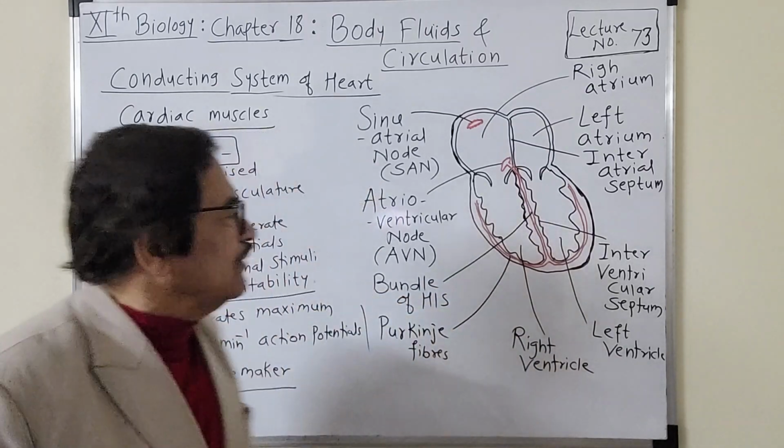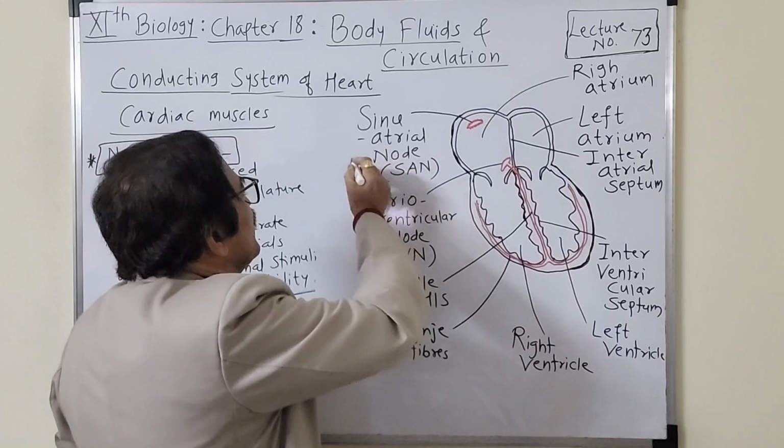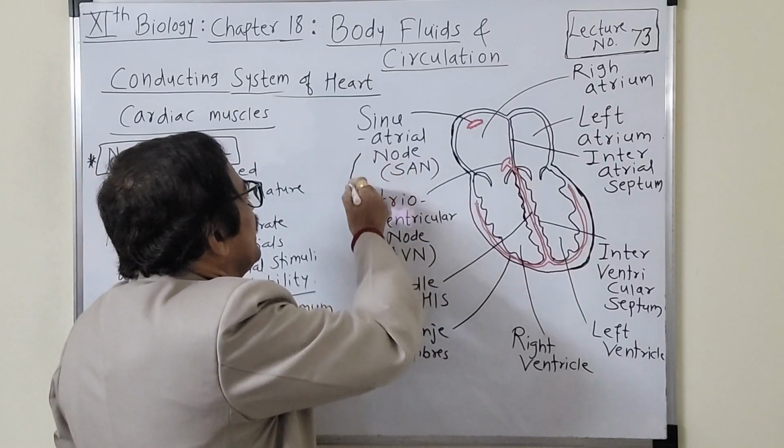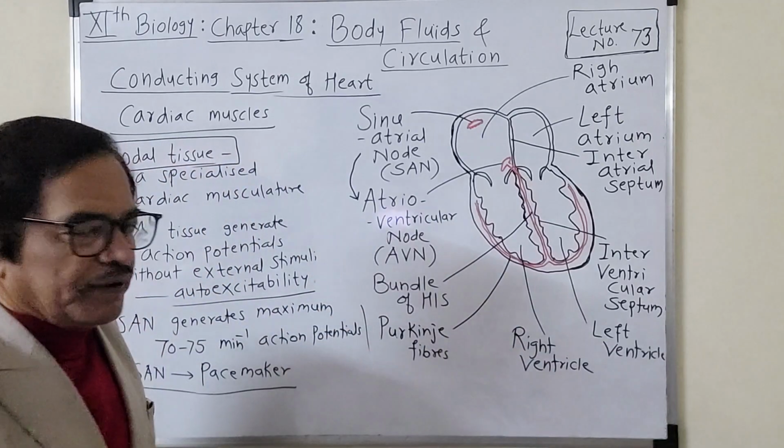When an action potential is generated in the SAN, from SAN it passes to the atrioventricular node.